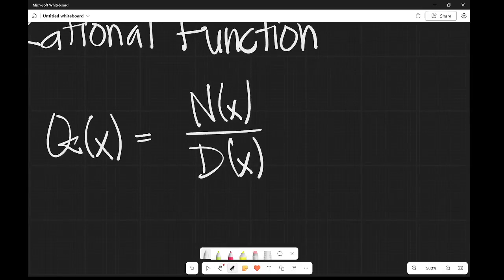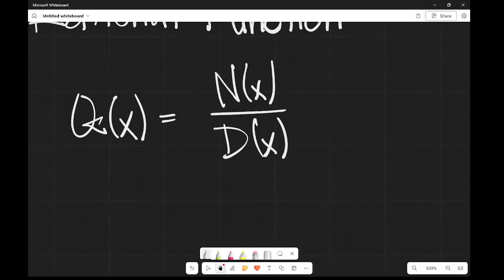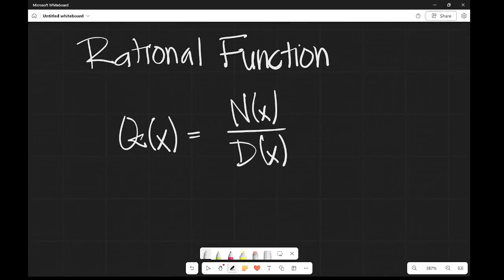So it's basically the ratio between two different functions. A lot of the time you'll have to factor to set this up. Since, for the purposes of this video, we're plotting the function, I am just going to give the simplified form so we can quickly identify any asymptotes and the end behaviors of the function as necessary. So let's just get started.